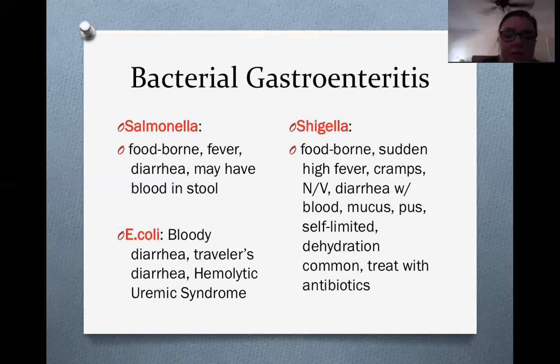So anytime you have a patient with gross hematuria causing that Coca-Cola or tea-colored urine, that's why we ask about any recent diarrheal infections, because there's a certain strain of E. coli that can cause that.